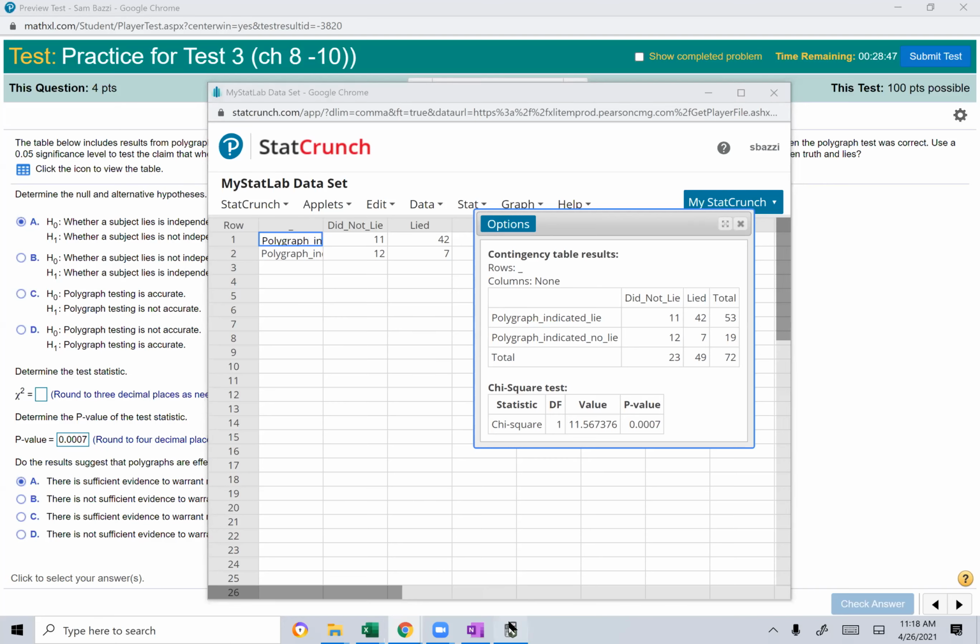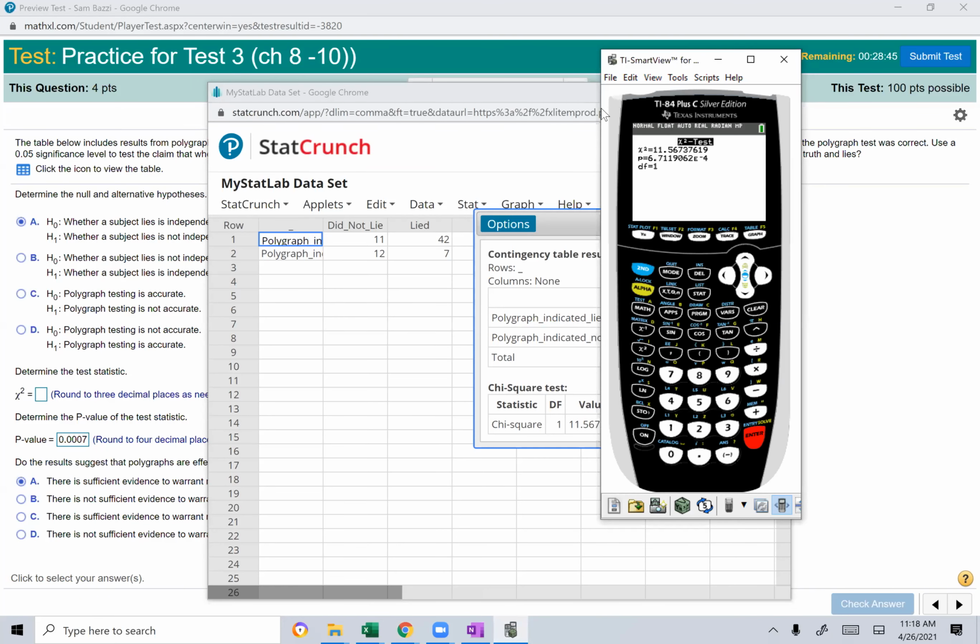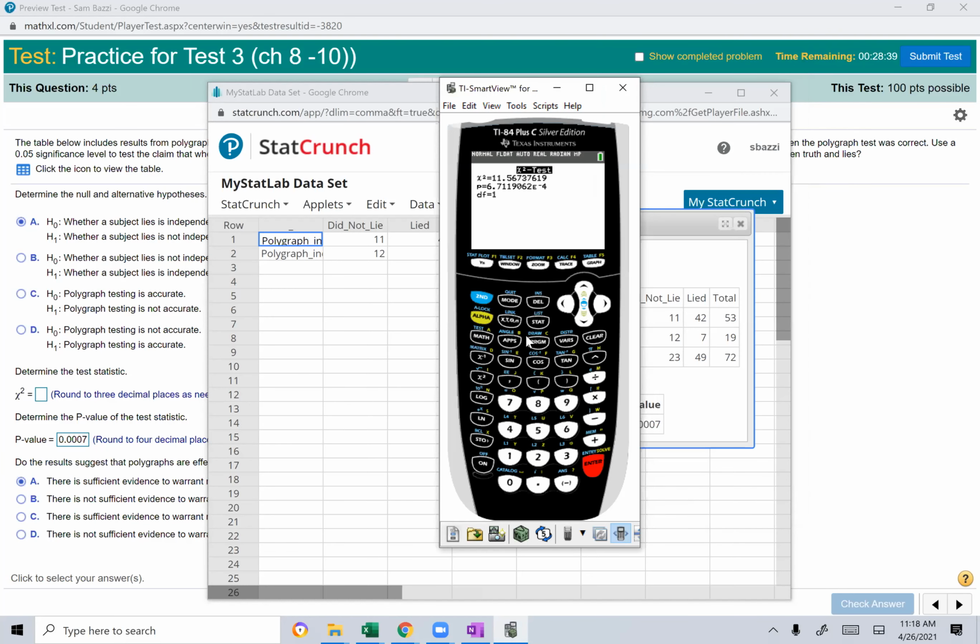I'm gonna bring the calculator back. Let's say he asks you, he wants to see the expected values. The calculator already put them in matrix B. So here's how you find them. You just go to second, X inverse, B, and then select B and press enter twice. And enter again. And these are the expected values. 16.9, 36.07, so on and so forth, 4 of them.